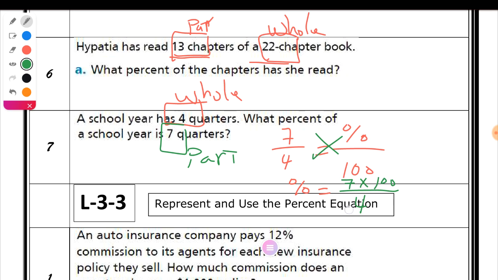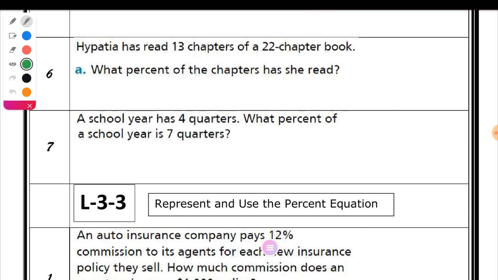So 100 divided by 4 equals 25. 25 times 7 equals 175. 175 what? Percent. So it's more than 100. Yes, because the part is more than the whole. So it's normal to find a percent more than 100%. Okay? Next lesson.